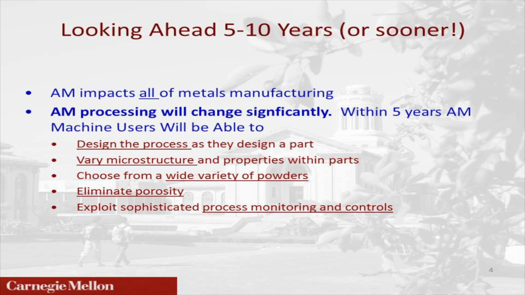The first thing that we've seen, and this is happening now already: we get about 2 or 3 industrial visitors to our lab every week, and it's gone from being mostly aerospace-related companies and some medical implant companies to now really every company that makes metal parts being very much interested in additive manufacturing. They may not be adopting it immediately, but they're very concerned and they want as much knowledge as they can get. Within 5 years, I can see it spreading across really the entire metals manufacturing sphere.